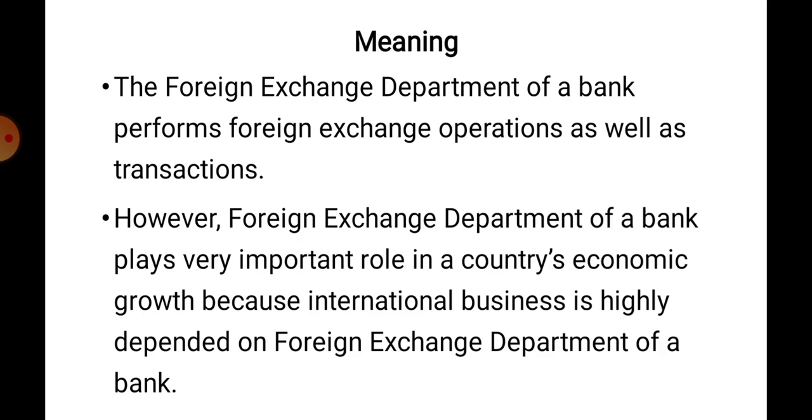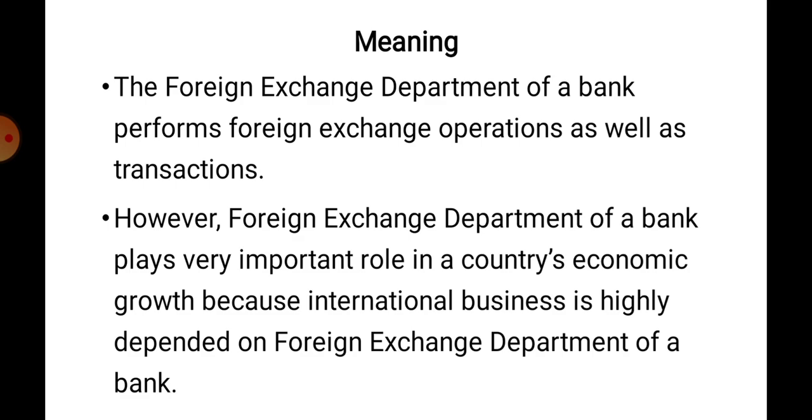The foreign exchange department of a bank performs foreign exchange operations as well as transactions. The main function of a foreign exchange department is to handle foreign inward remittances as well as outward remittances and buying and selling of foreign currencies, handling and forwarding of import and export documents, and giving consultancy services to importers and exporters.